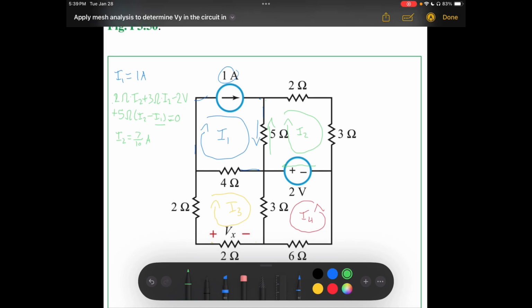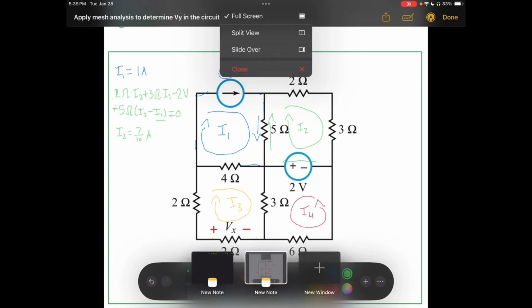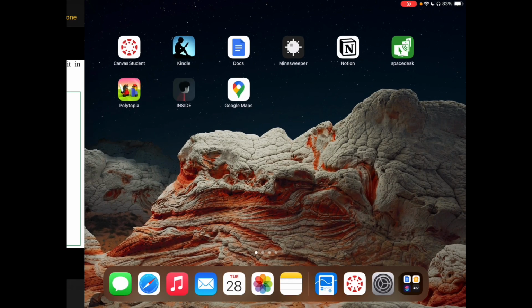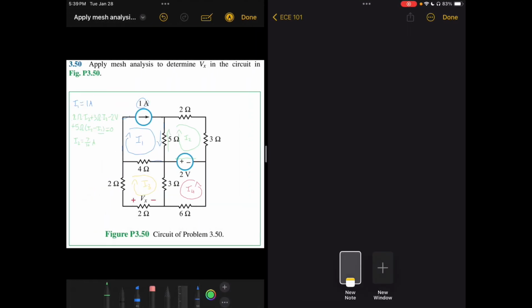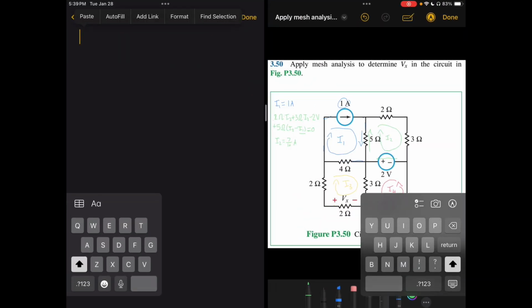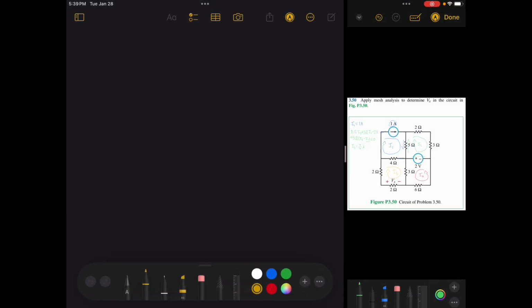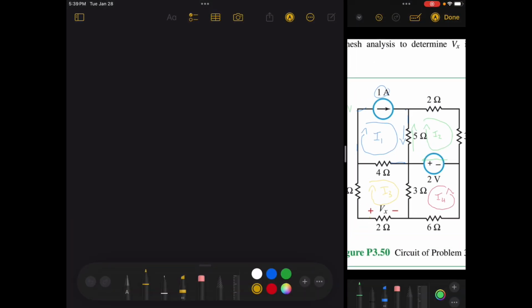So let's move on to I3. Let me make this split screen and get a bigger view. Hopefully you can see I3 here.